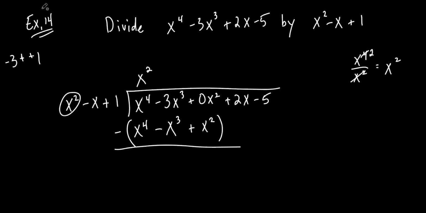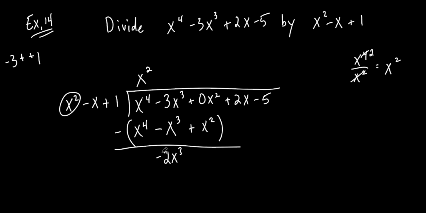Okay, a little slow on that one. You guys knew that. So what is negative 3 plus 1? It's not 2, it's negative 2. So what is negative 3x cubed, minus a negative x cubed? It's negative 2 what? X cubed.